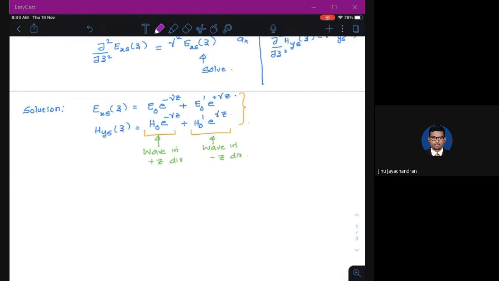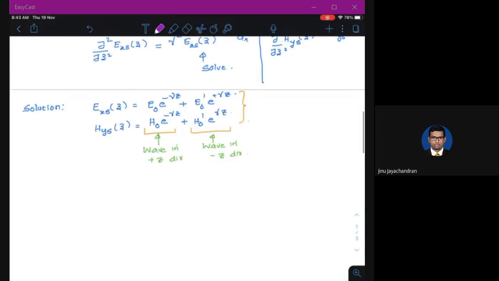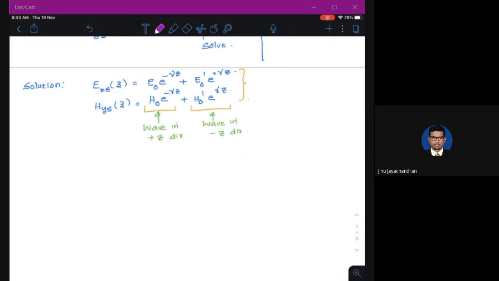And we already assume that the wave is propagating in Z direction. So by assumption, wave is in plus Z direction.